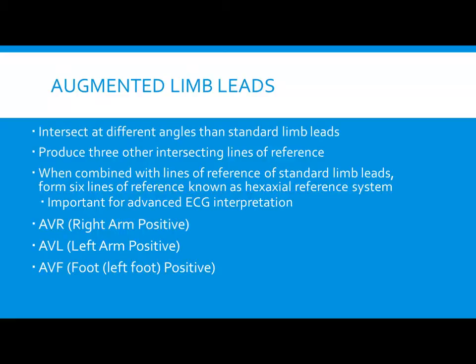If I'm looking at AVL, I'm looking at a view that's going to combine these 2 to go there. And if I'm looking at AVF, then I'm looking at a view that's going to make those 2. Okay? Positive for AVR, positive for AVL, positive for AVF.